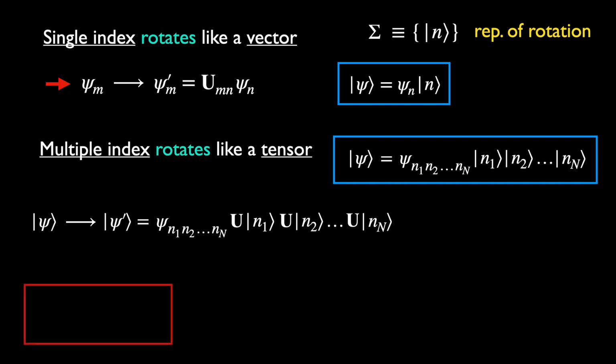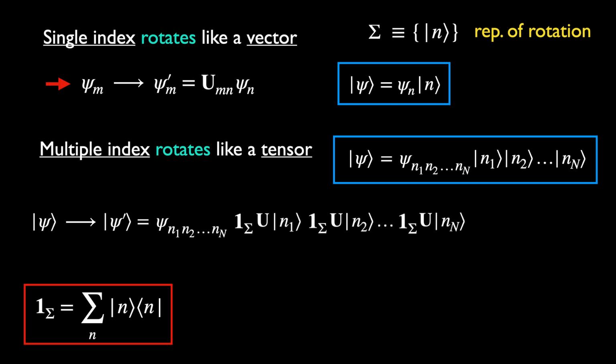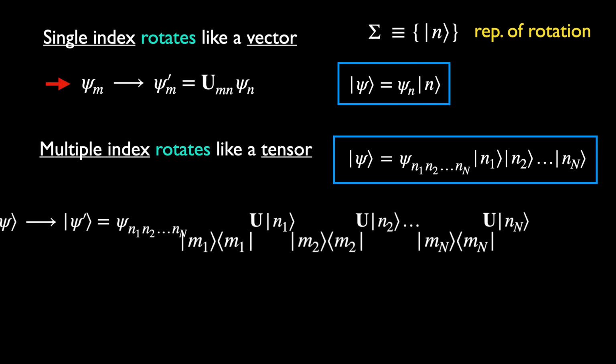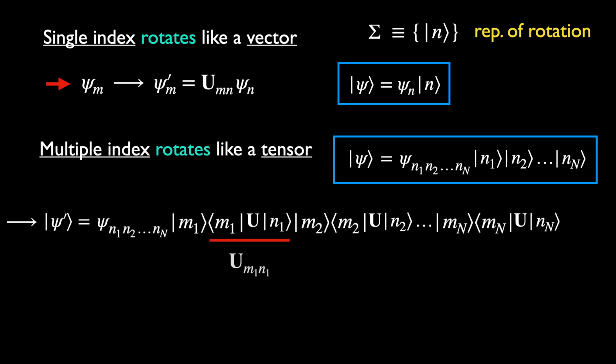We can again insert the single particle identity operator after each U. Here, it will be convenient to use the Einstein's convention. This puts everything back into the basis n, and we now have one matrix U with each copy.